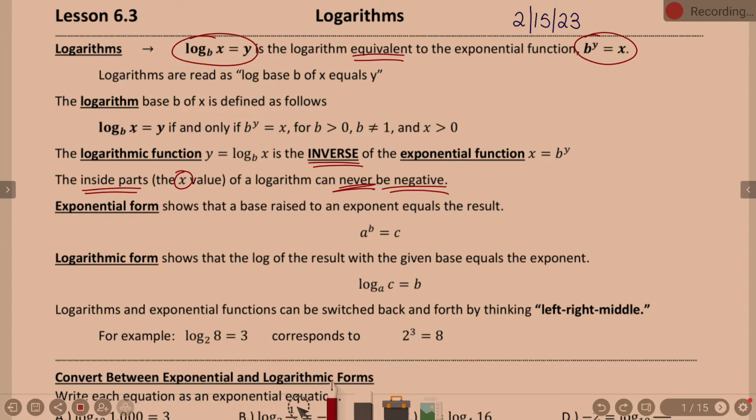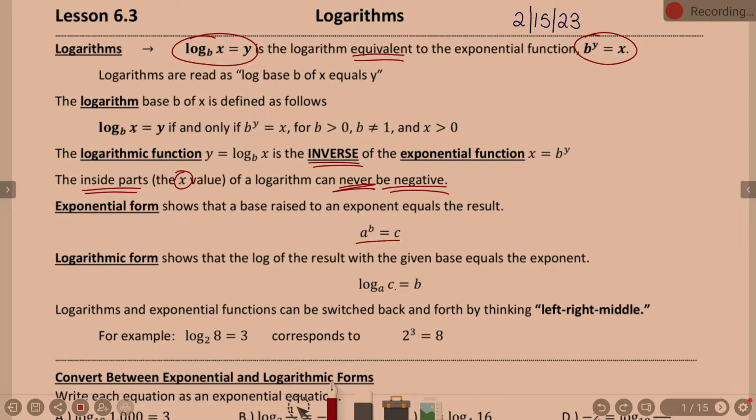A lot of what we're doing today is going back and forth between exponential form and logarithmic form. Exponential form shows that a base raised to an exponent equals the result. When we take those same variables and reverse them, logarithmic form shows that the log of the result with the given base equals the exponent.